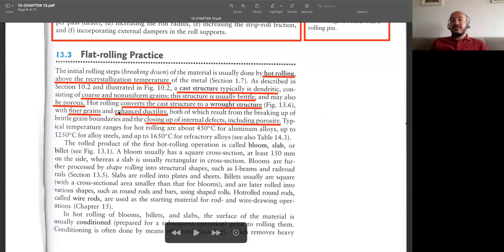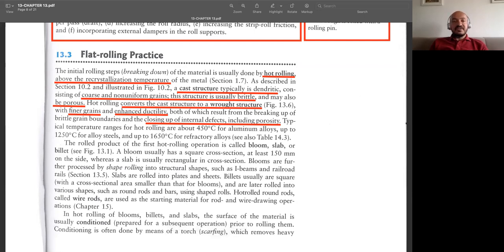So what we do is first do hot rolling, and with the help of it, the cast product is converted into a rolled structure, in which we have smaller grains and the ductility of the workpiece is improved. And lastly, with the help of compressive forces, the porous regions are eliminated.